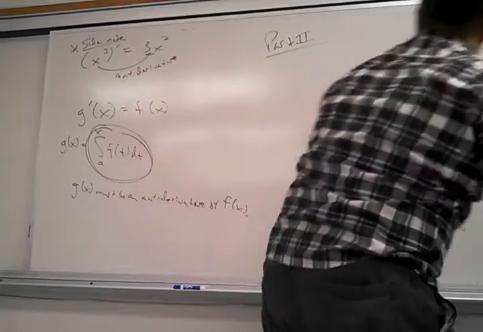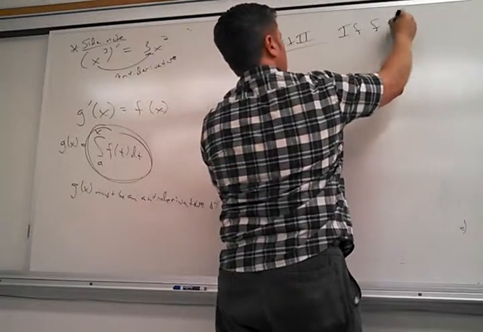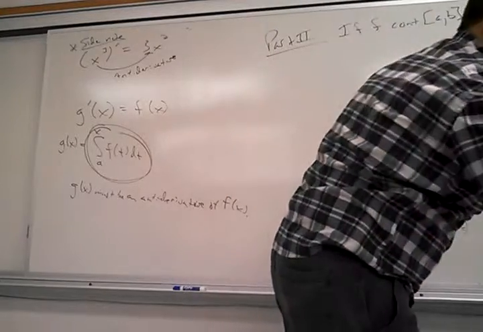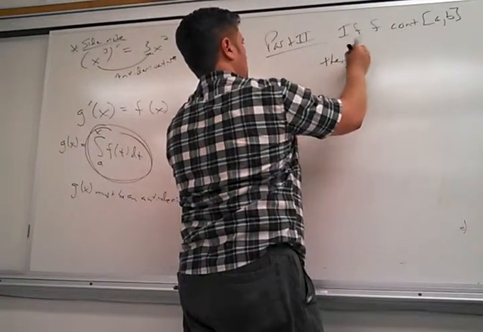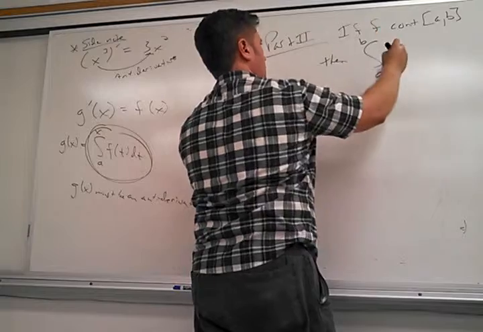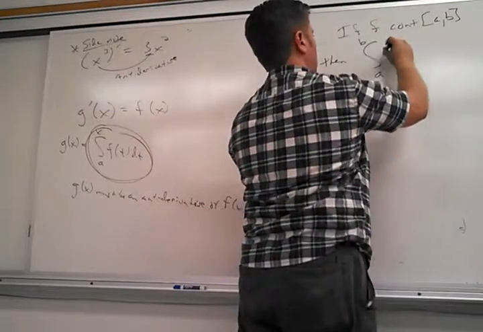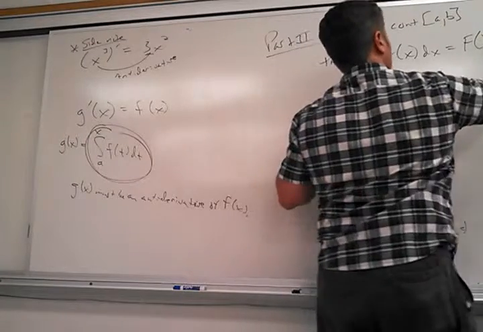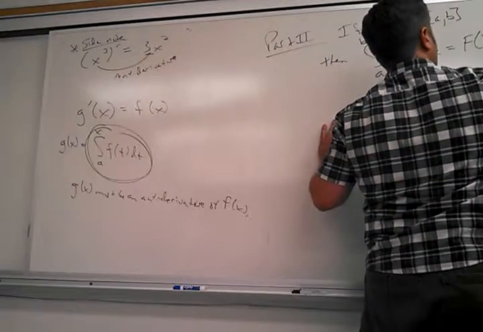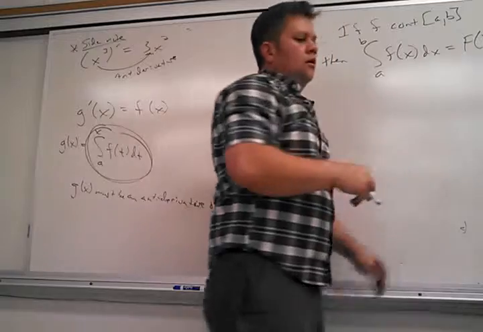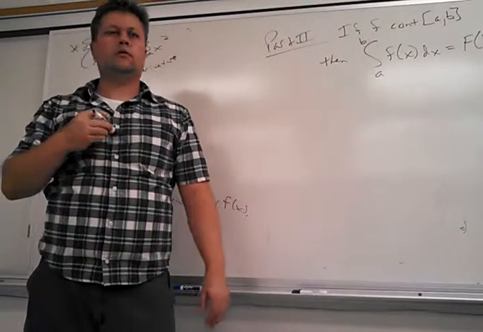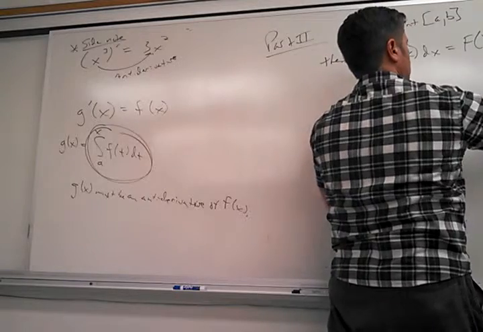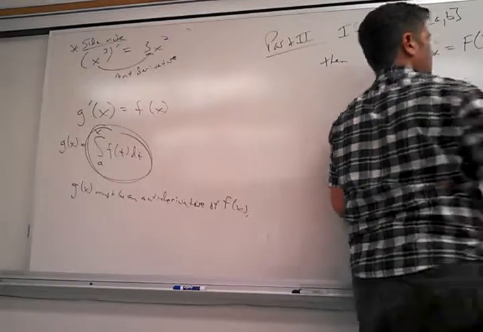So part 2 says if f is continuous on [a, b], and remember, the big F just means F prime is f.